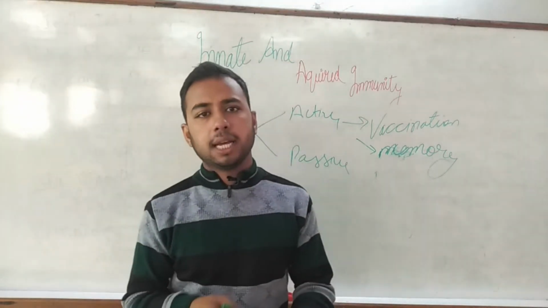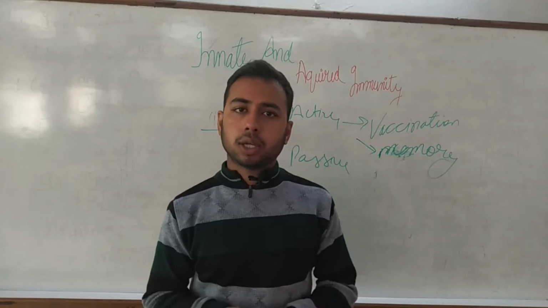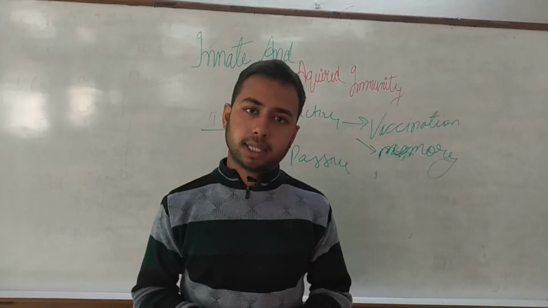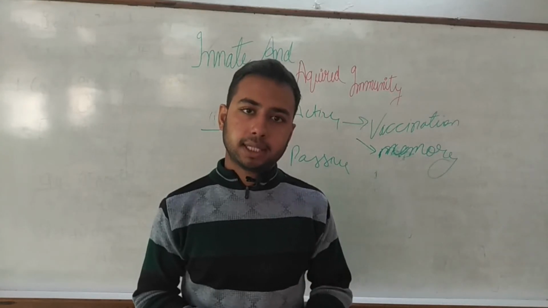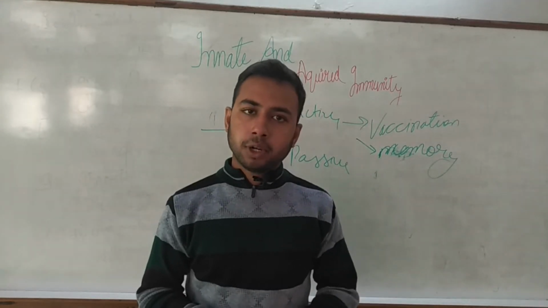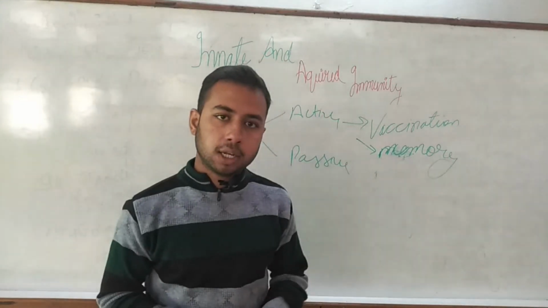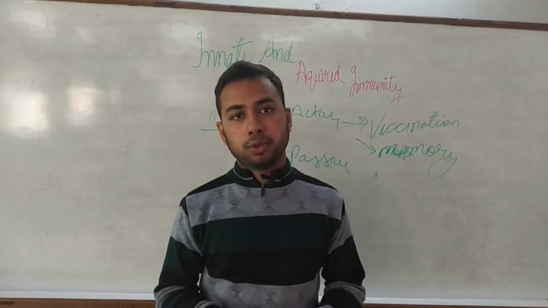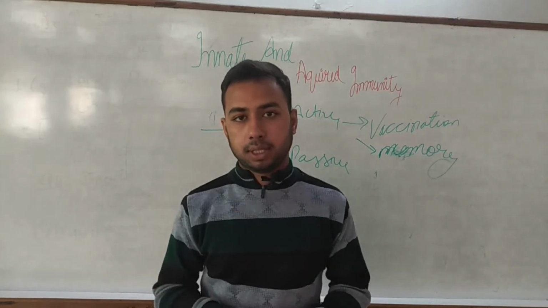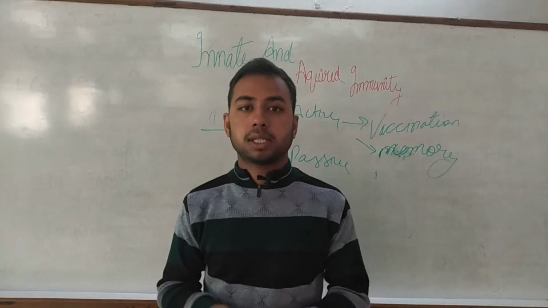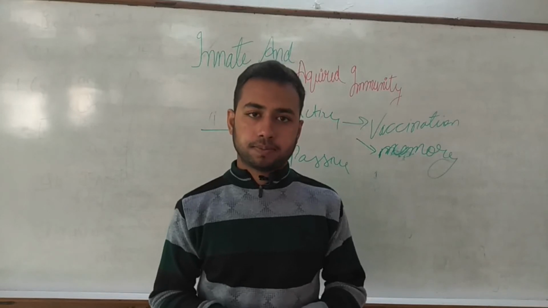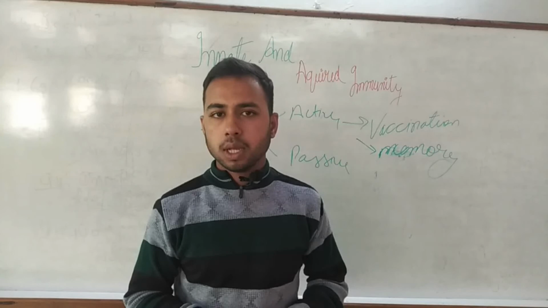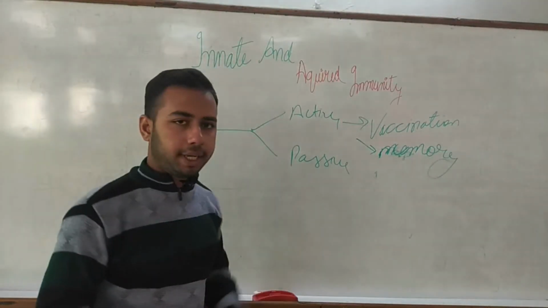For example, for a snake bite, to neutralize the toxins we use snake venom to make antibodies against it. For that we use the serums of horses or other animals to cure diseases. This is passive immunity.